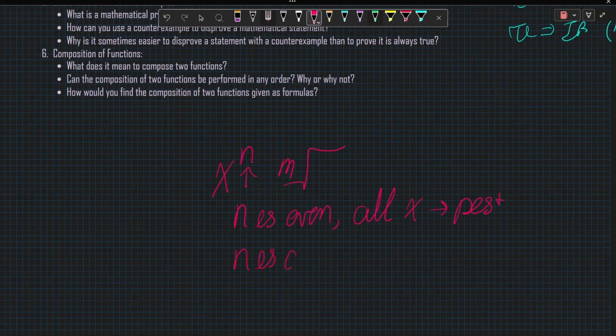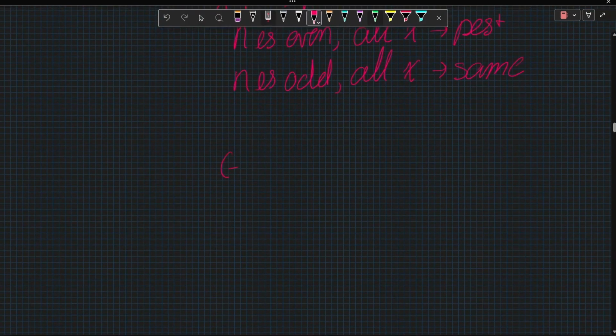When n is odd, all x remain the same, meaning that if we have a negative number and we have an even power, so say 2 to the n, this 2 to the n will always give us another positive number, okay?